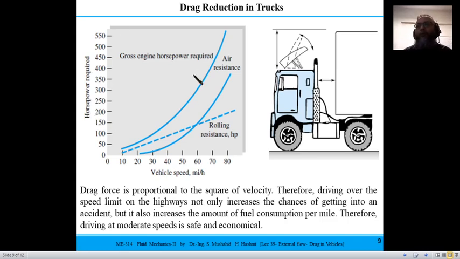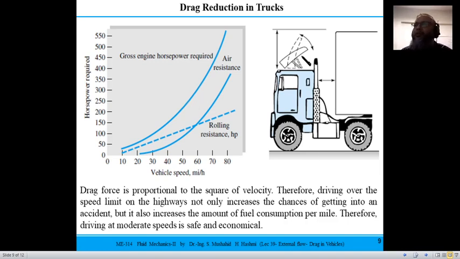So in order to be more economical, we need to choose the optimum speed at which the power requirement is minimum, since further increase in speed results in considerable power requirement, which is something we have to avoid.